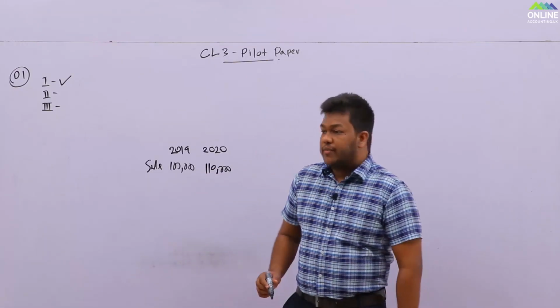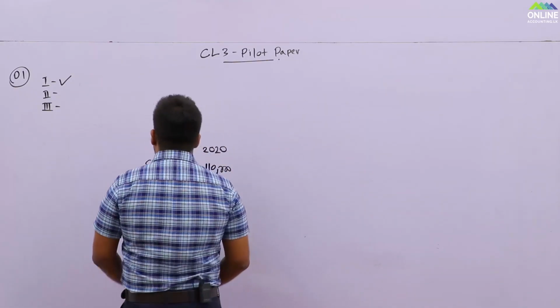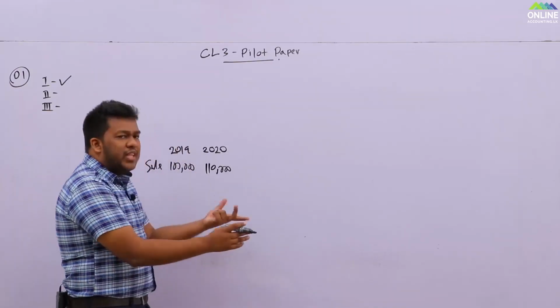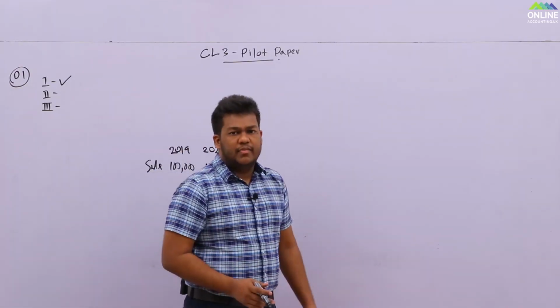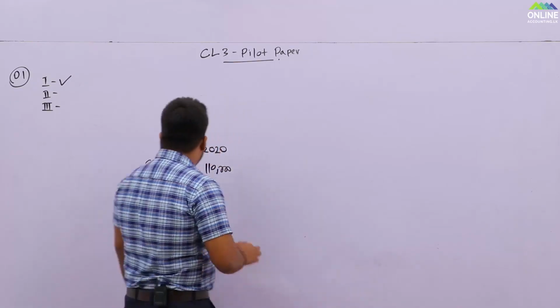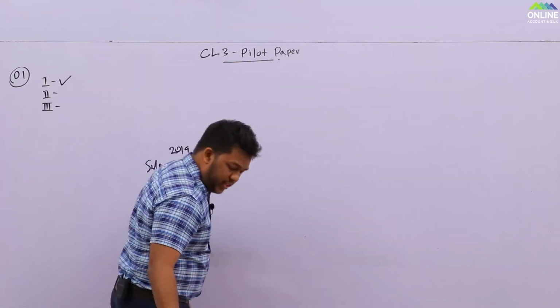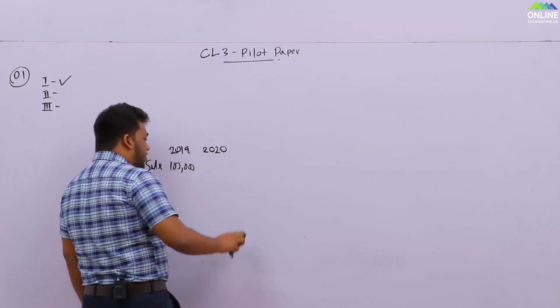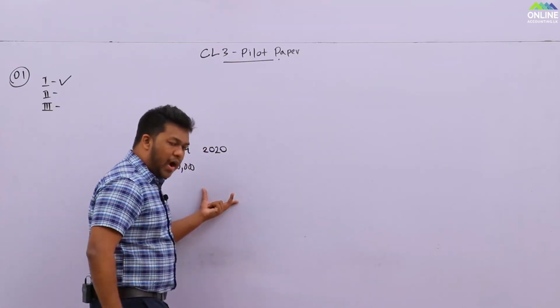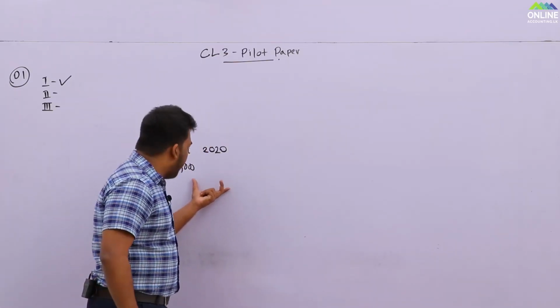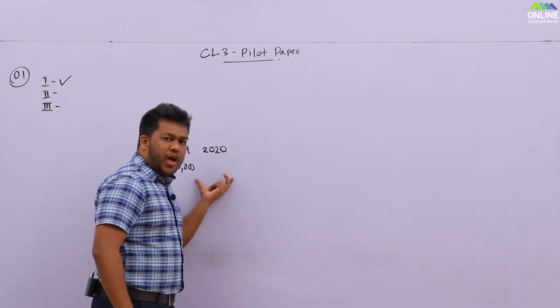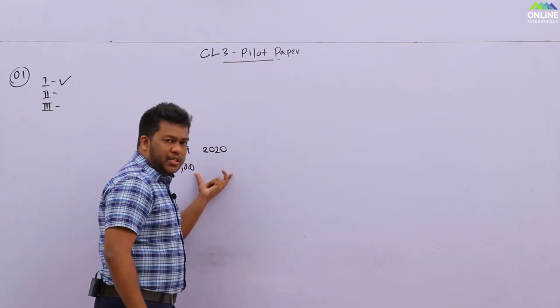Zero-based budgeting is what? Zero-based budgeting is like you are forgetting everything that happened in the past. Let's say past sales were 100,000. Now you are forgetting this. What you do is analyze based on the demand, the other factors, the resources you have, and your marketing budget.